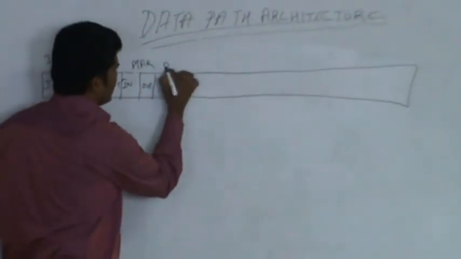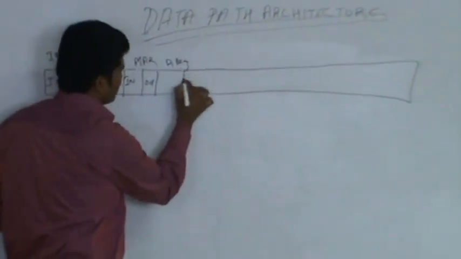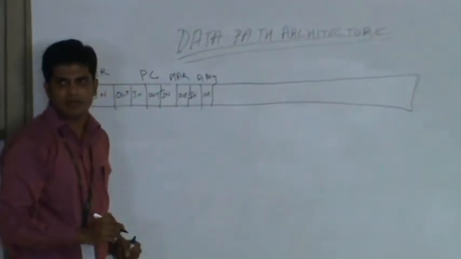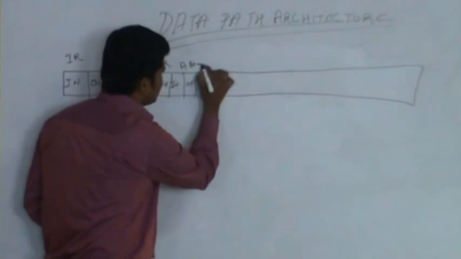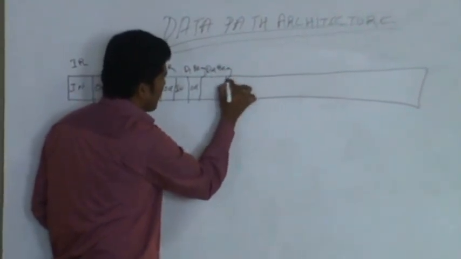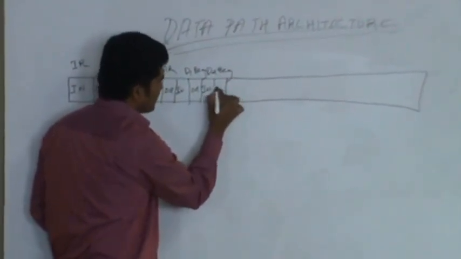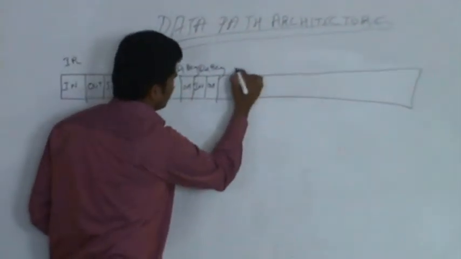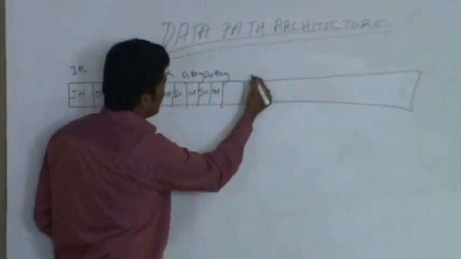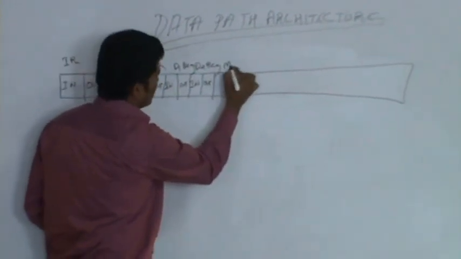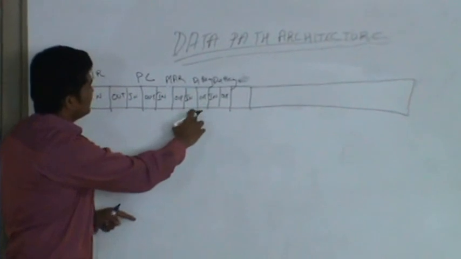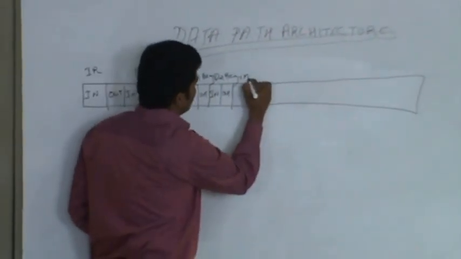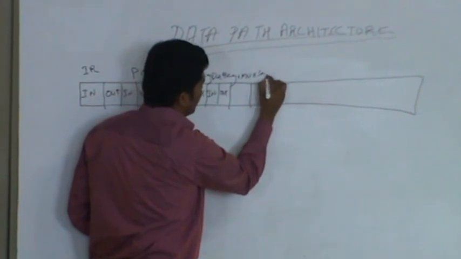Then you have D1 register in, out. You have D2 register in, out. You have IR, which is already there. That's MDR and D1 register. So then you have a multiplexer SA.